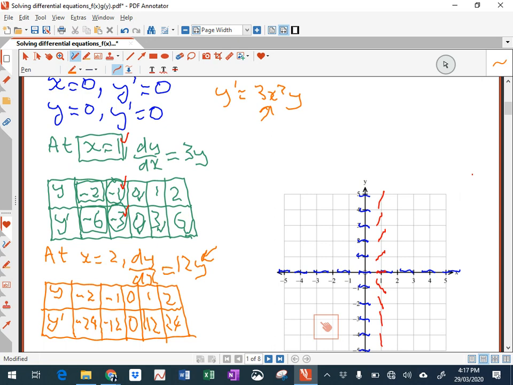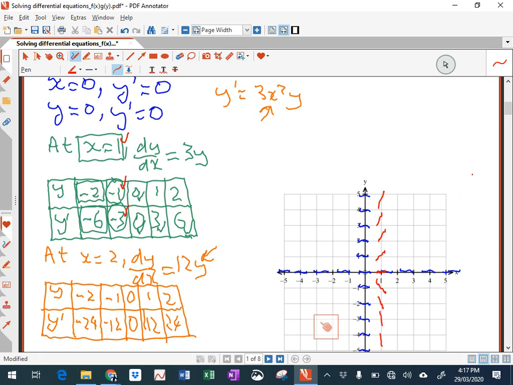So at x equals 2, what's happening? I can see that the gradients are getting steeper, and they're steeper than before. Let me change colours back to red. So in fact, they're quite steep.